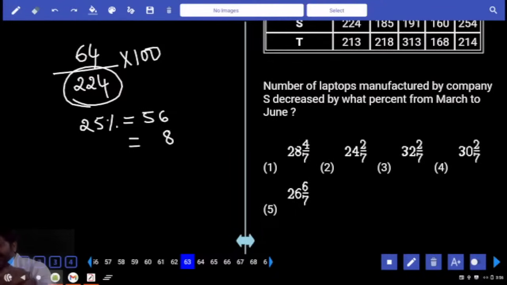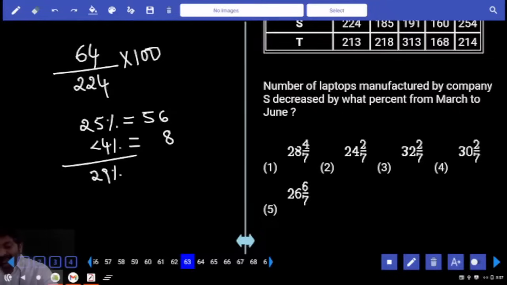If 1% is 2.25, 4% is close to 9, but this is less than that number. Hence, this will be less than 4%, but close to that. So the answer should be less than 29%, but close to that. Go to options. First option, done.